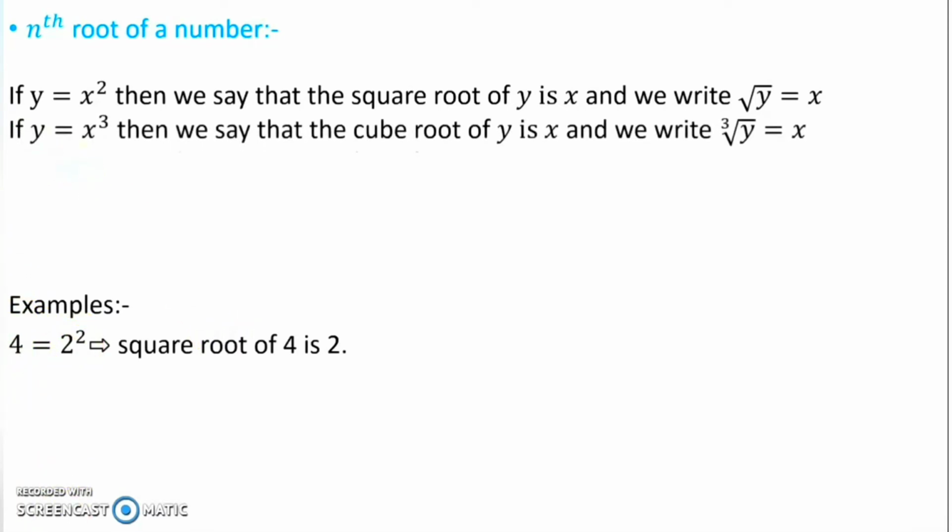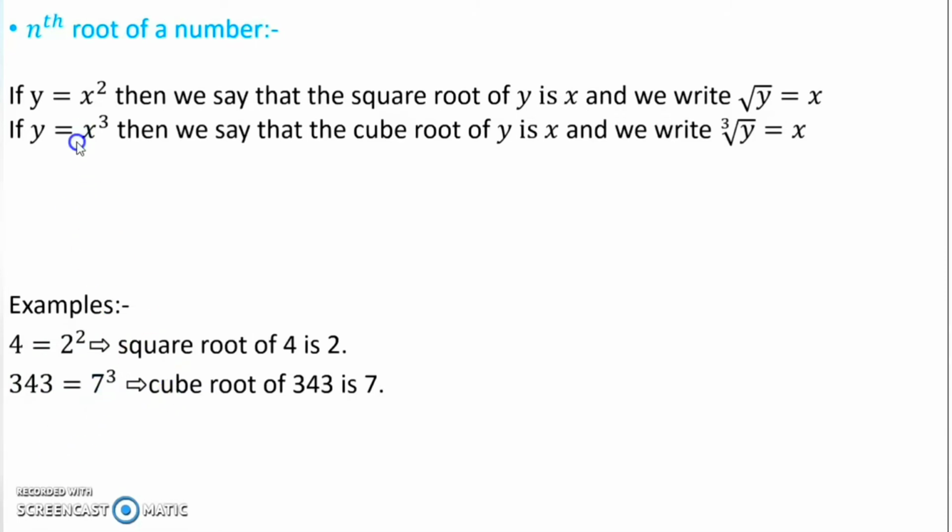Now if you have y equal to x cube, that is x raised to 3, then we say that the cube root of y is x and we write it this way: you write 3 here and y under the root sign. So for example, 343 is equal to 7 cube. This you can verify. If you multiply 7 3 times, you will get 343. So from here you can conclude that the cube root of 343 is equal to 7.